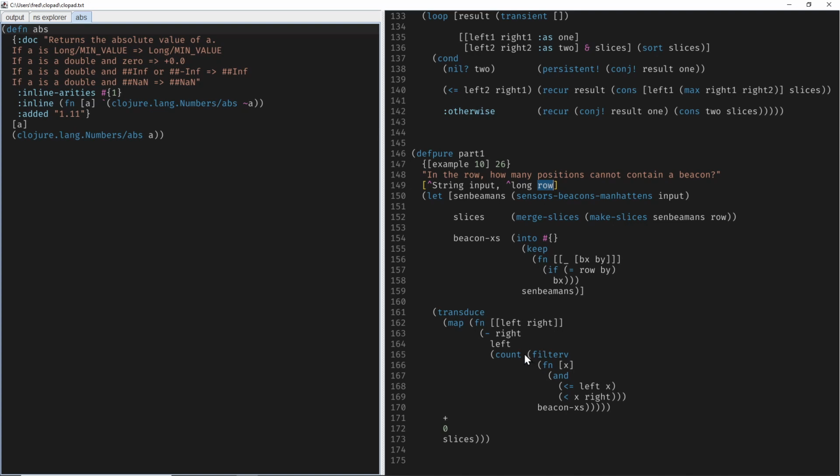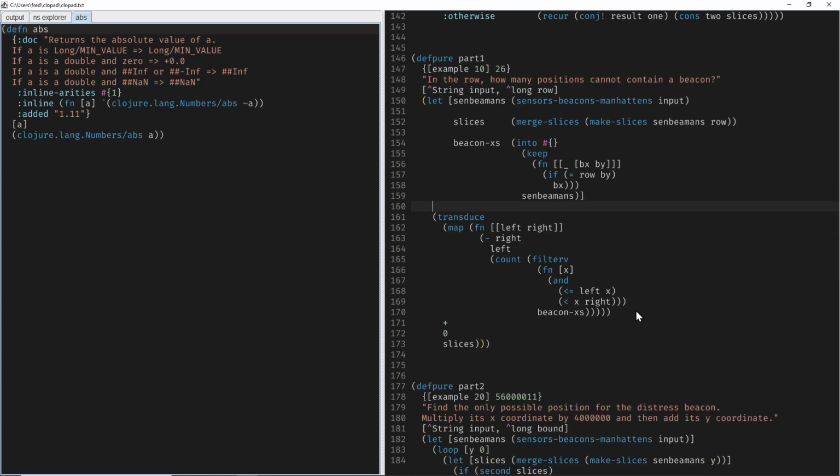Then we can simply count how many of them there are. So we filter all the beacon X positions, and we are only interested in those that are between left inclusive and right exclusive. That gives us the result. So it turns out a bit more complicated than I initially thought.